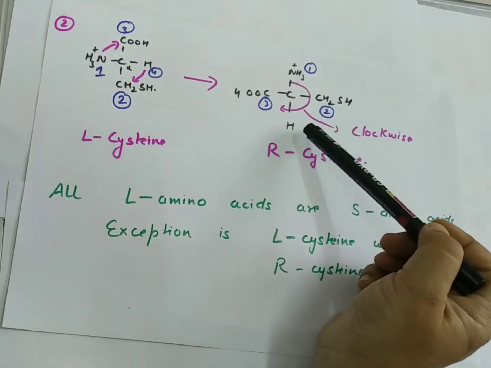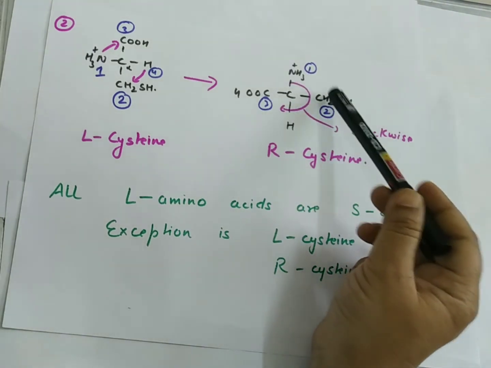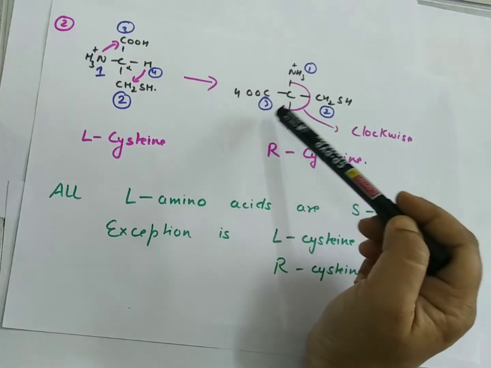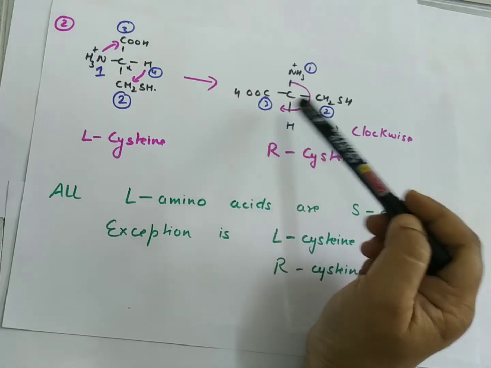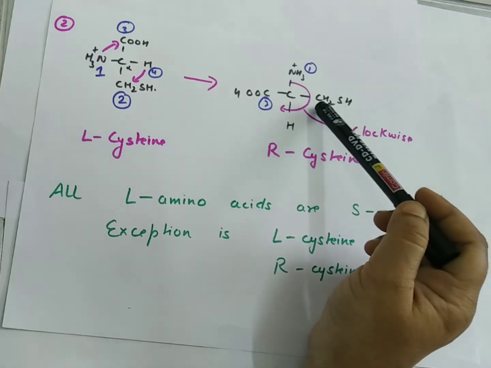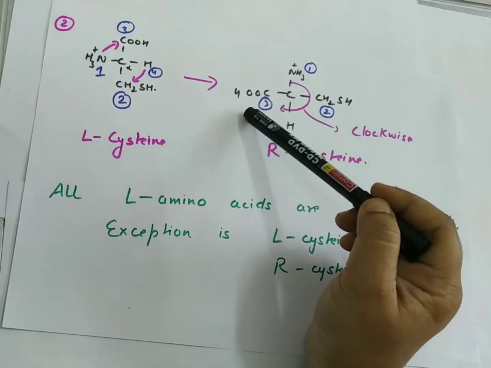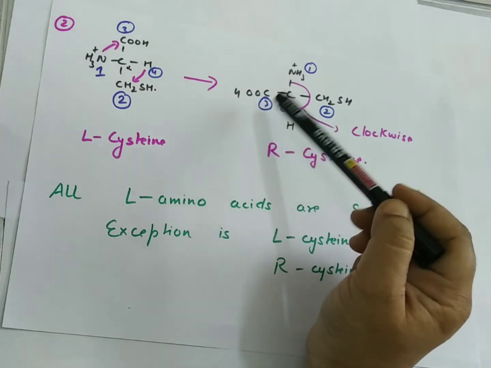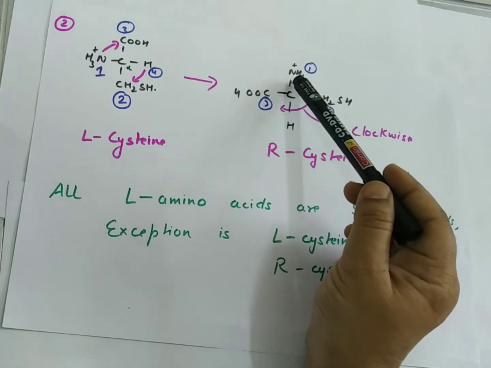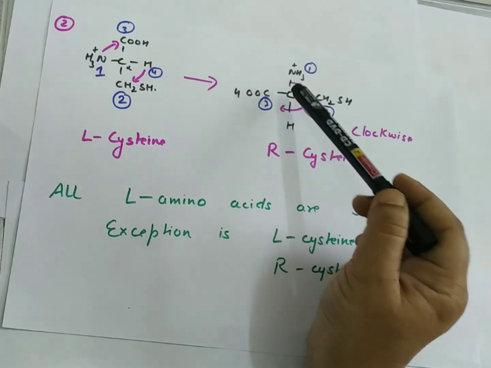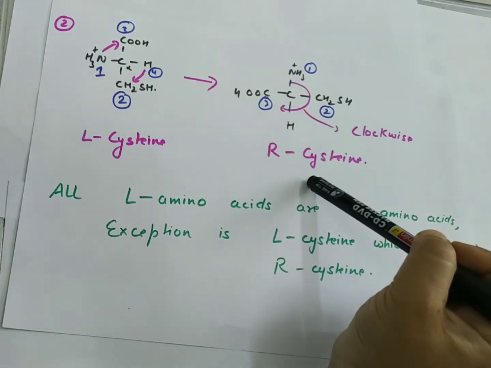After flipping the position, we assign the numbers. We get 1, 2, and 3. Because here sulfur is attached to carbon, it gets second position. Then comes carbon attached to oxygen, it gets third position. While going this way, which direction do we go? Clockwise direction. So it is R-cysteine.